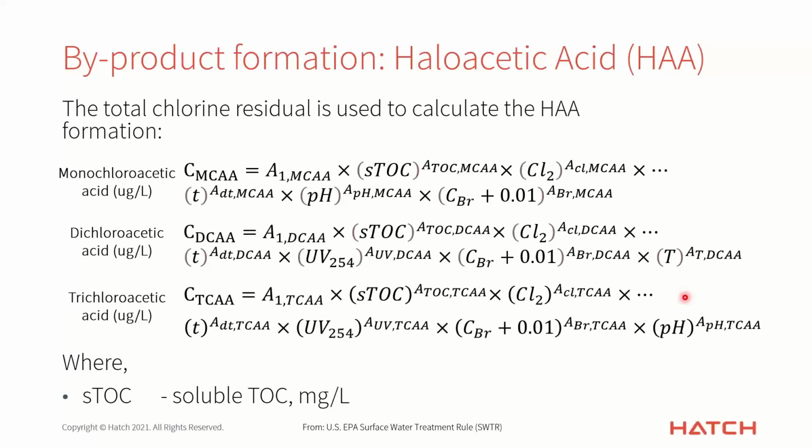So I'm not going to go into them too much. But also like before, the general behavior of the model is that increasing any of these input terms to the model is going to cause an increase in the byproducts. Except for the bromide term, that actually causes a slight decrease in the byproduct formation if there's a high bromine concentration in the chlorination basin. And as before, the model can be calibrated by changing any of these empirical parameters.